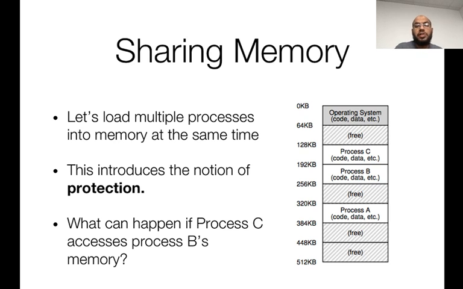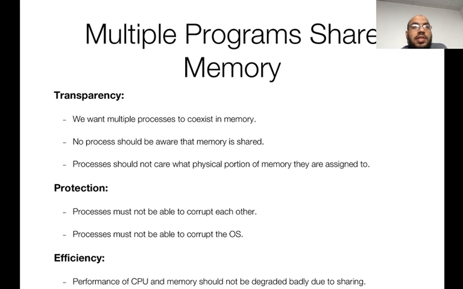A bug in process B can corrupt process C. This is why you started having the need for much better protection on your computer systems. And until this day, a lot of security issues in computer systems arise because of the way we multiplex multiple processes in memory at the same time.